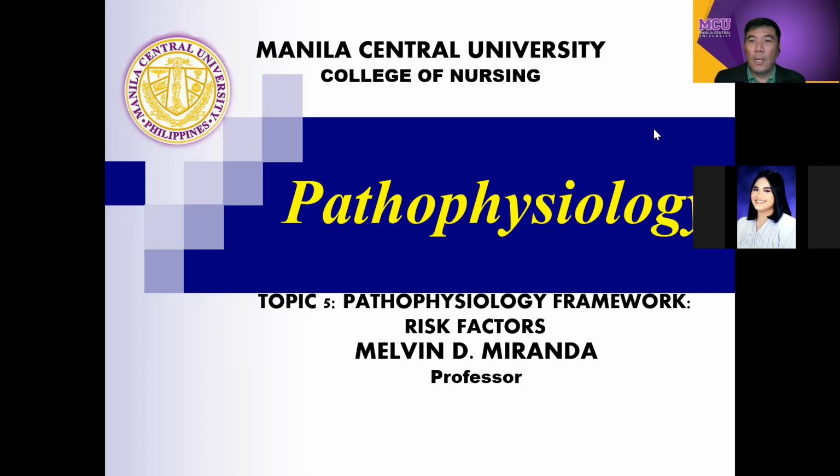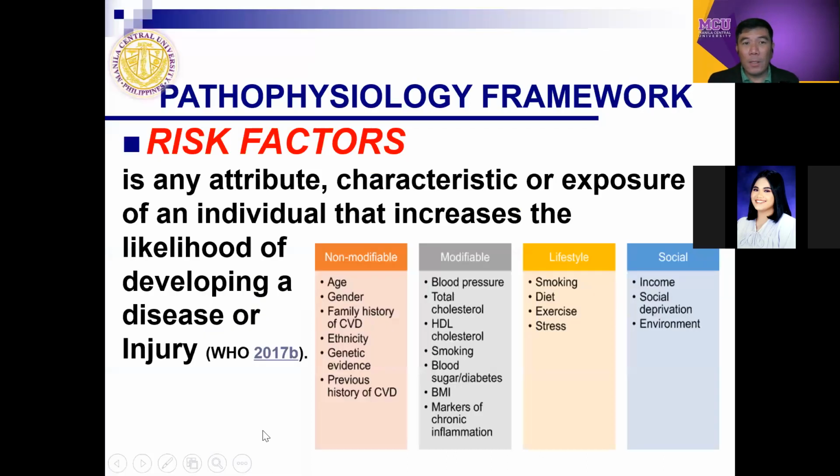Okay, so let's have the resumption of our synchronous session with our new topic. We are on the pathophysiology framework. Let's start with the discussion of risk factors. According to the World Health Organization, risk factors are attributes, characteristics, or exposures.